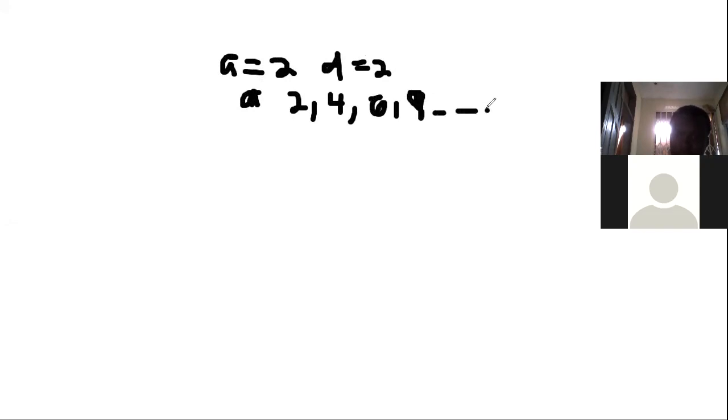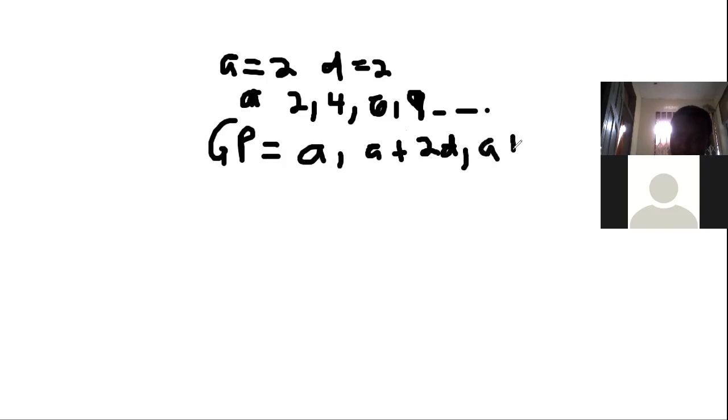Now in terms of geometric terms, GP. For the GP, the question is saying that the first term, A, the third term, A plus 2D, and the ninth term, which is A plus 8D, are the first 3 terms of the geometric sequence.